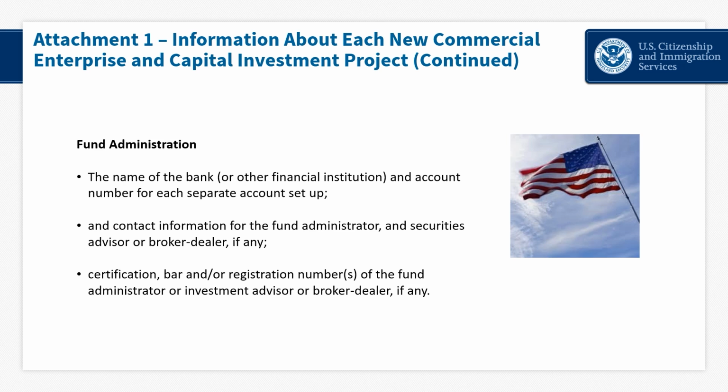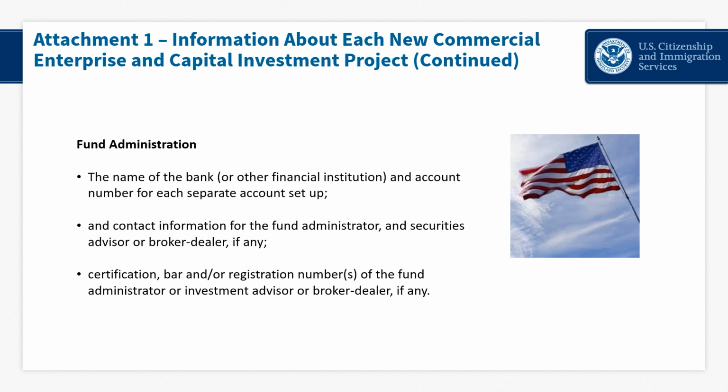In addition, regional centers should indicate whether they have retained a fund administrator, such as a certified public accountant, attorney, or broker-dealer, or investment advisor registered with the Securities and Exchange Commission to manage the funds. If a fund administrator has been retained, regional centers should provide the fund administrator's name and organization, as well as any relevant certification, bar, and/or registration number.